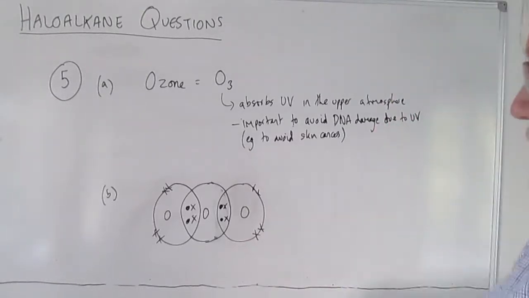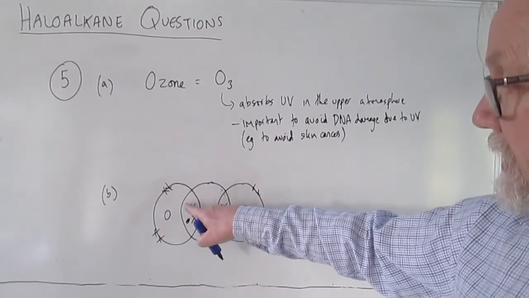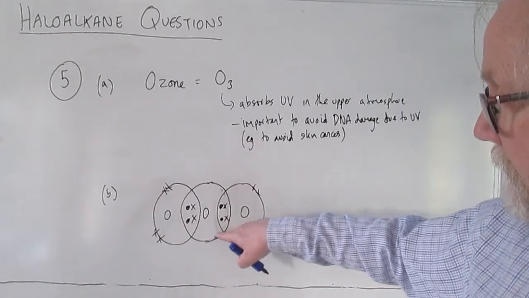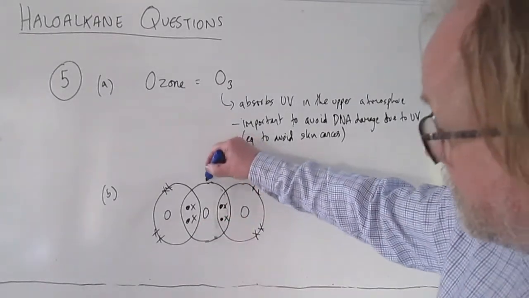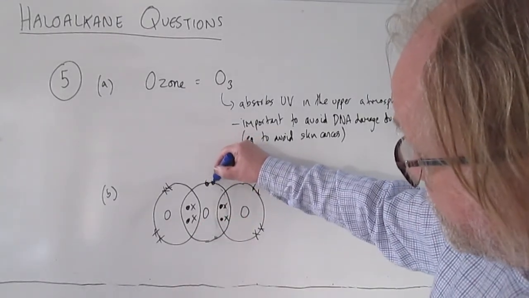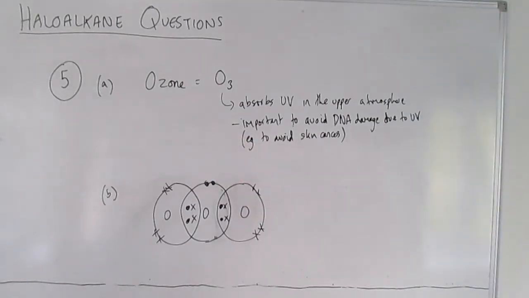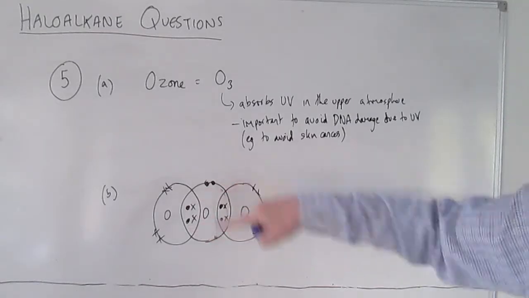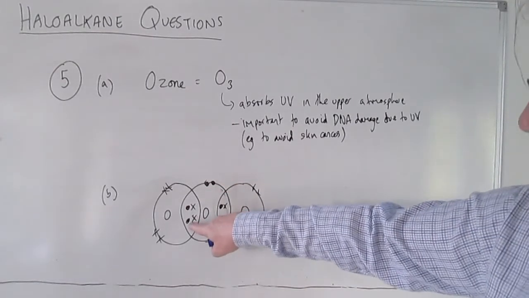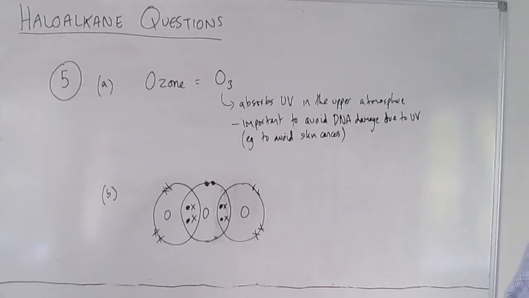The one in the middle would have used 4 out of its 6, so it would have 1 lone pair as well to account for all 6 of its original electrons. And that looks fine until you add up the total number of electrons around this middle oxygen, and then you realise it's 4 plus 4 plus 2 is 10.